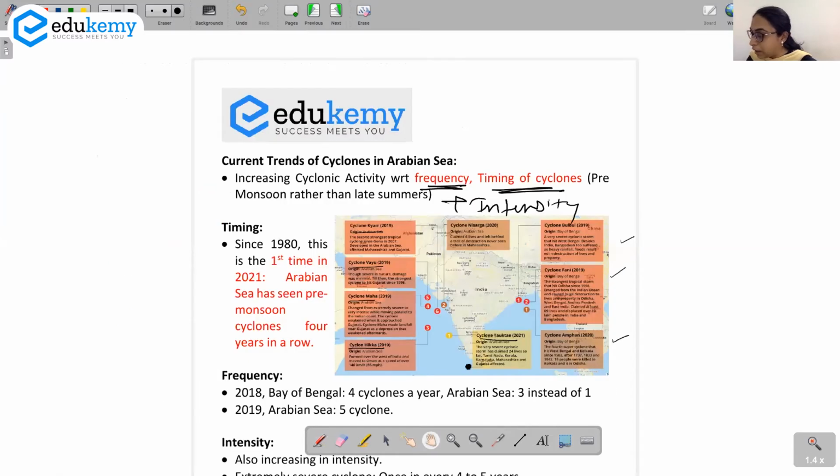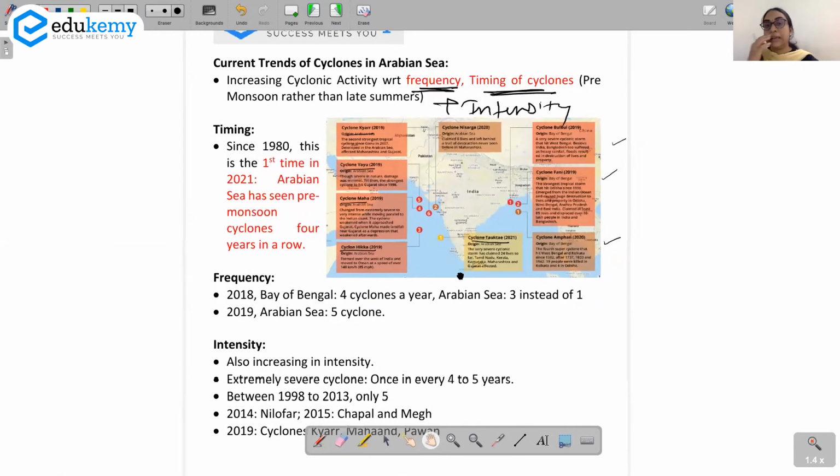So getting back to the topic, that is the current trend in the Arabian Sea: an increasing number of cyclones, and a change in the timing as well as the intensity of the cyclones. When we say change in timing, there are certain facts.